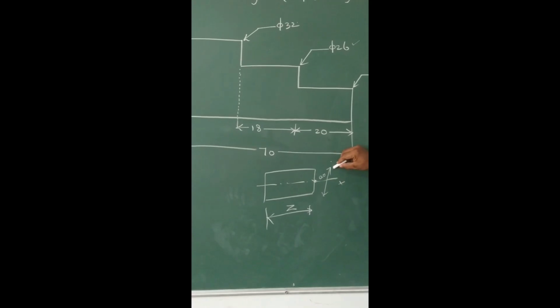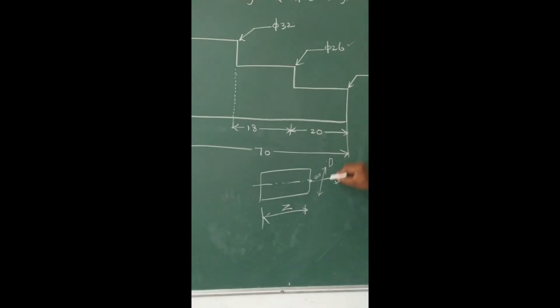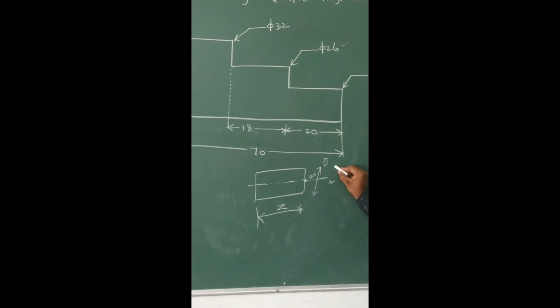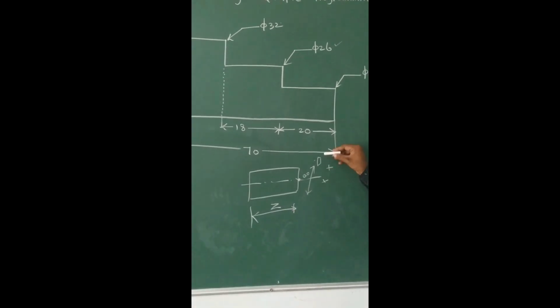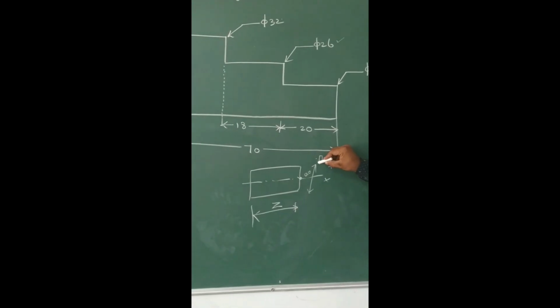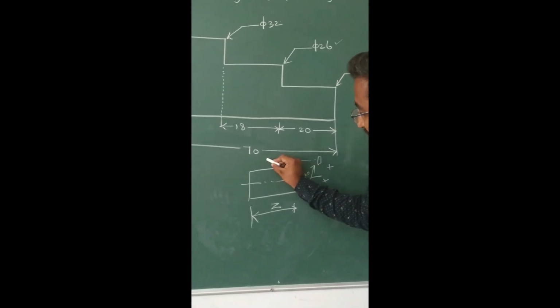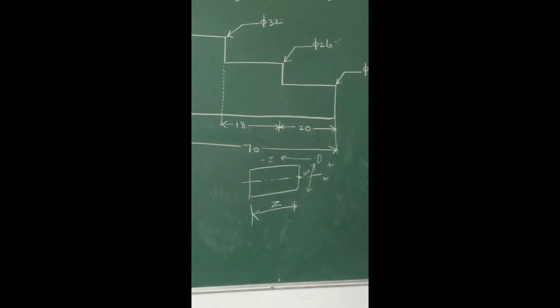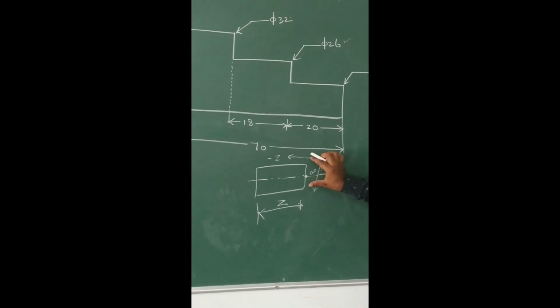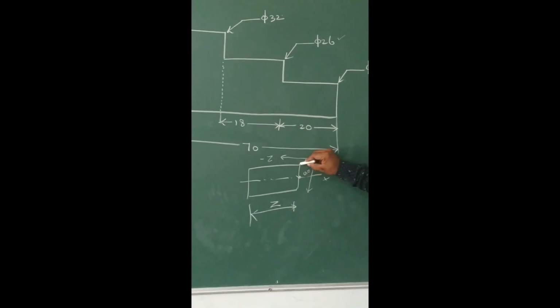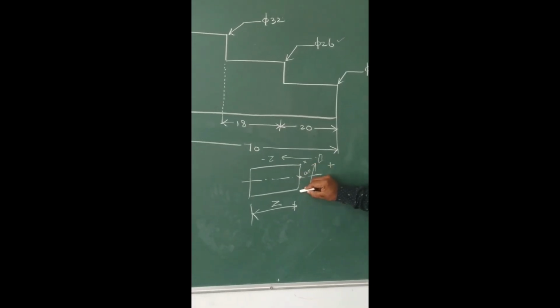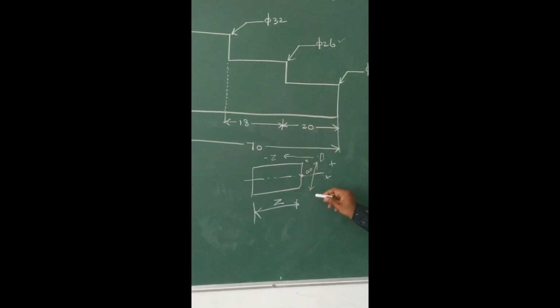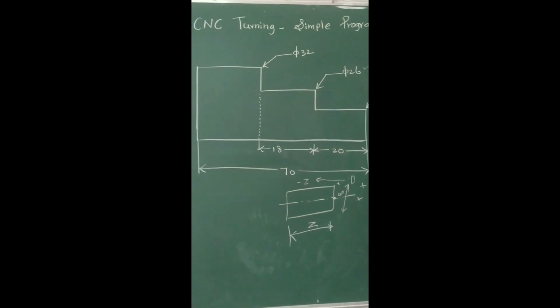If the cutting tool is in this position, the X value is positive and the Z value is positive. If the cutting tool moves from this position to this position, the Z value will be negative. Likewise, this is X positive, and from this point to this point, X will be a negative value. So this is the basic concept behind the part program.